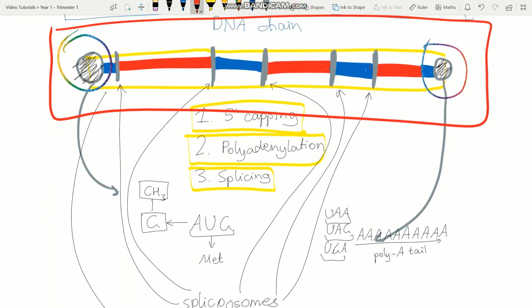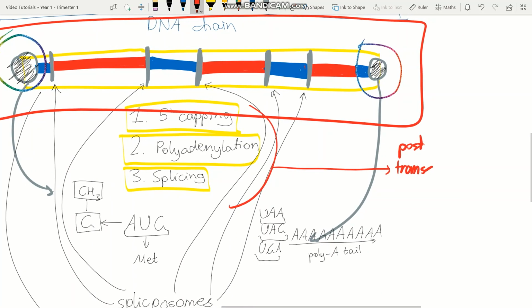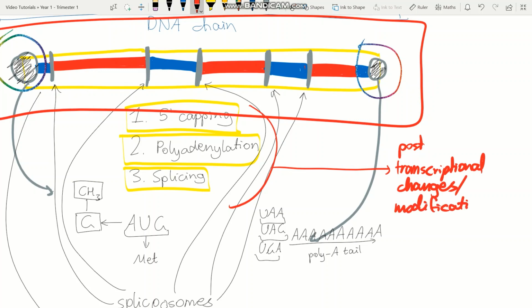And after some post-transcriptional changes, because they happen after transcription, or modifications, we have the formation of a mature mRNA molecule.